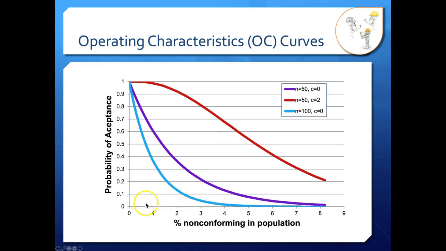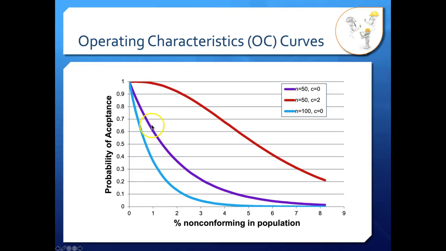So let's take 1% as an example. For this plan that's in red, if we take a sample size of 50, we allow 2 nonconforming units of that, we have pretty much a guarantee that we are going to accept our lot here. And that's a probability of acceptance of 1 or 100%.